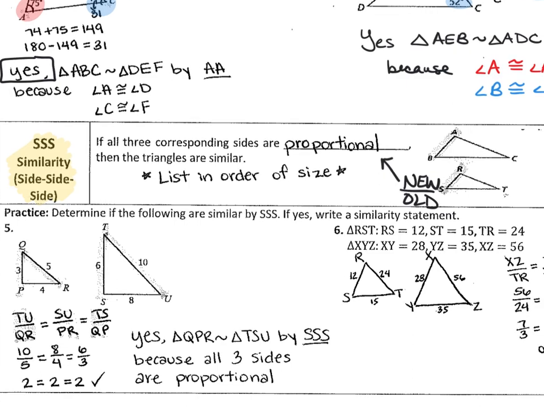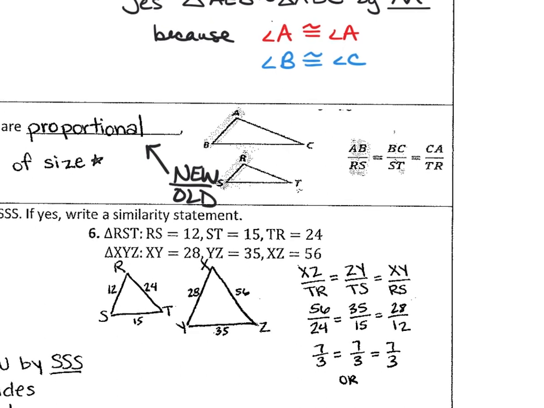Let's highlight our example here so we can see what's happening. AB is going to correspond to RS. So I have AB divided by RS. I have BC over ST because these are corresponding sides. I have CA over TR because those are corresponding sides.